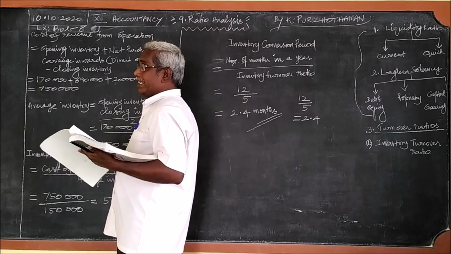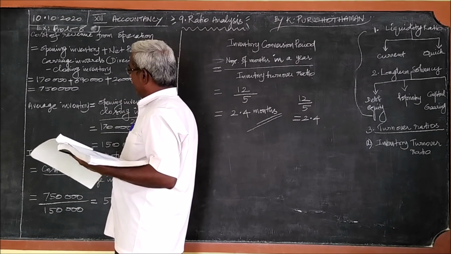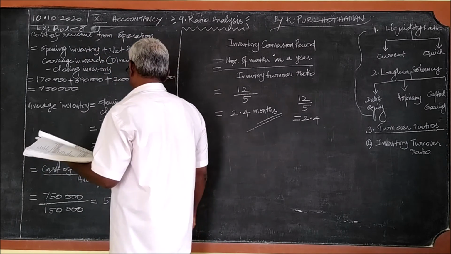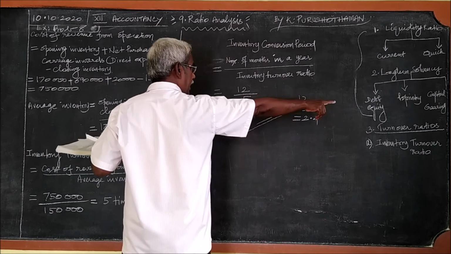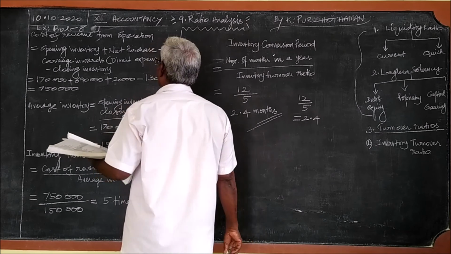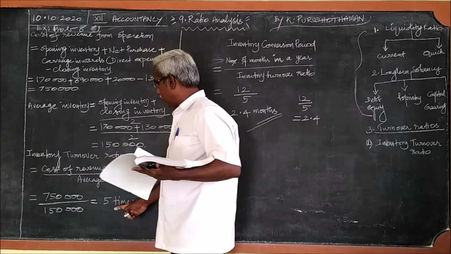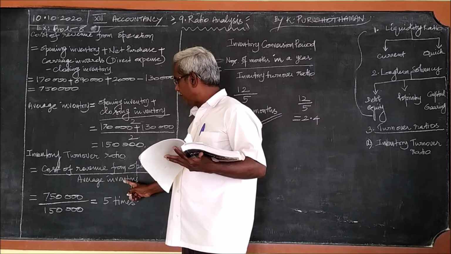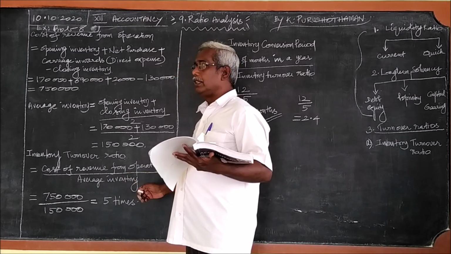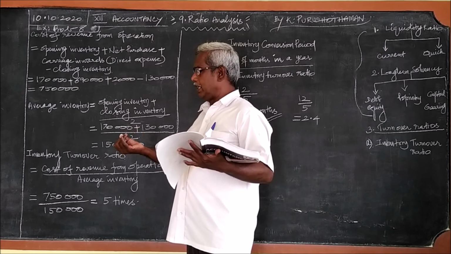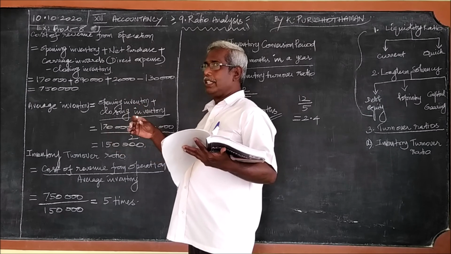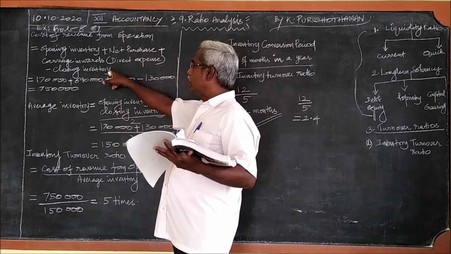So what we have done in illustration 8 is repeated in exercise problem 8 also. Under this category, turnover ratio, the first ratio is inventory turnover ratio. For inventory turnover ratio, this is the formula. Cost of revenue from operations: opening inventory, add purchase, add carriage inwards, adding these three, from the total you minus closing inventory.